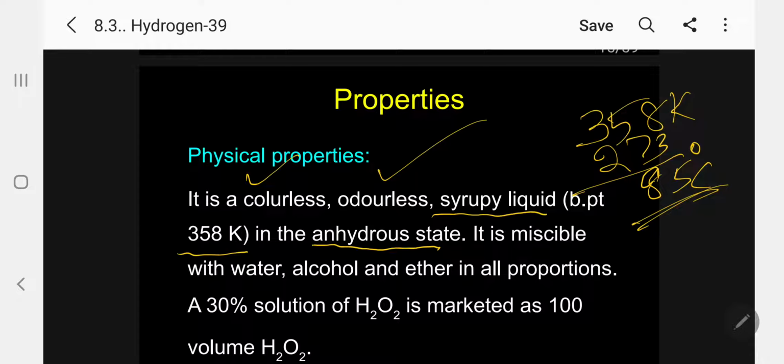Anhydrous means without any water molecule. It is miscible with water, alcohol and ether in all proportions.